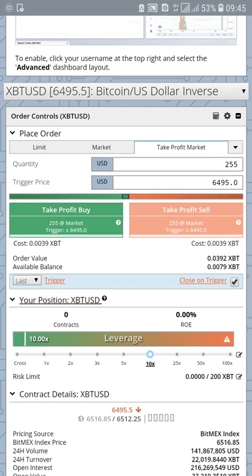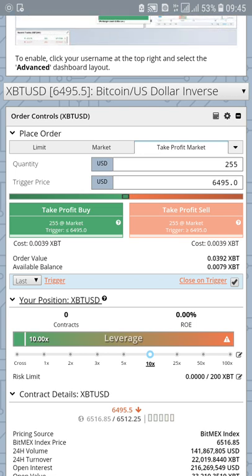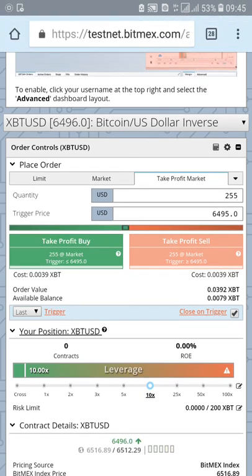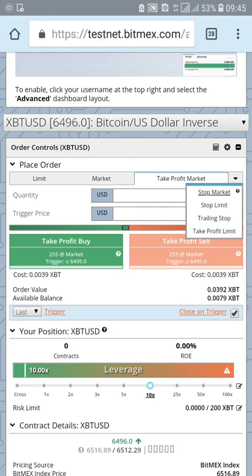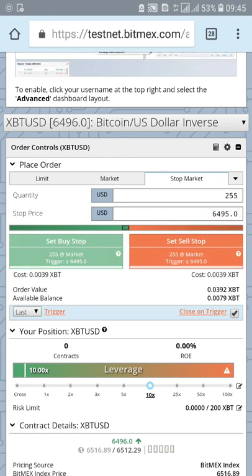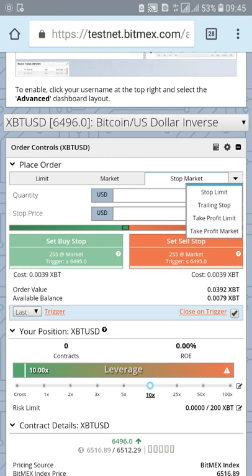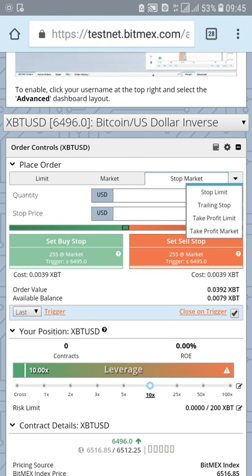Now, as you can see over here, you have where you place your orders, and on that tab we have the limit, the market, and then the stop market. If I click on this little arrow by the stop market, I'm going to see different types of stops. You see your stop limit, your trailing stop, your take profit limit, and your take profit market.